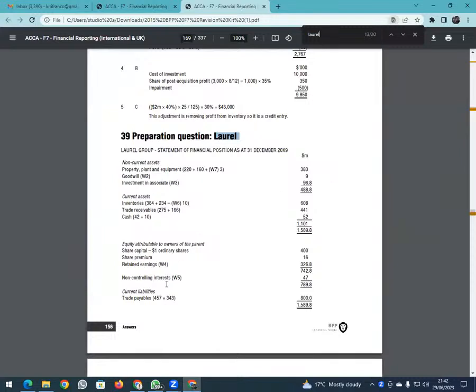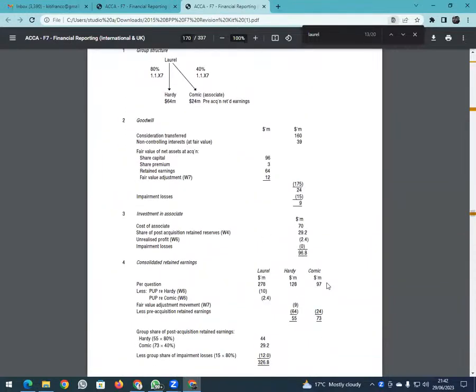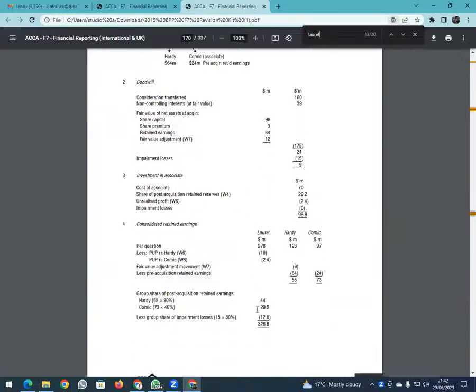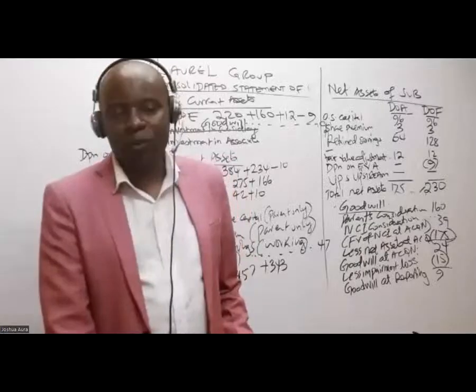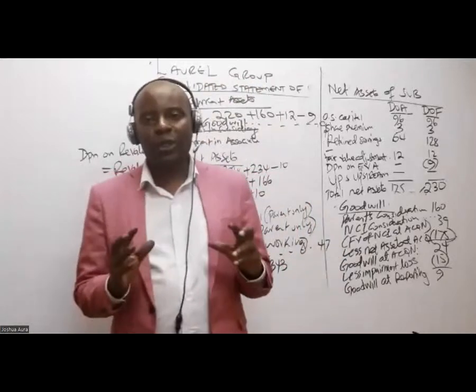If you look at, for example, non-controlling interest, if you remember, they are getting 47. Quite interesting. The only thing that they do, they use a very old method to do these workings here. We need to be direct. Fortunately for me, I'm very lucky. I work for a company which provides group consolidation software.